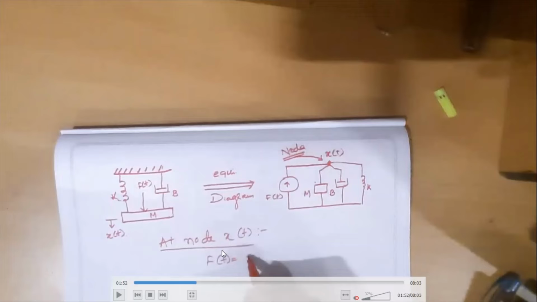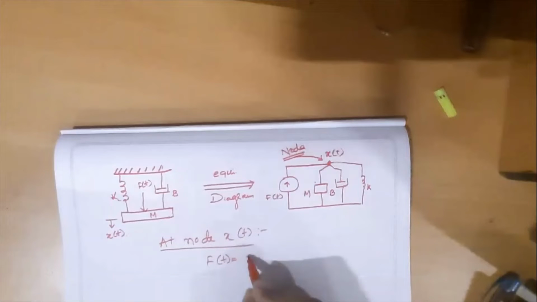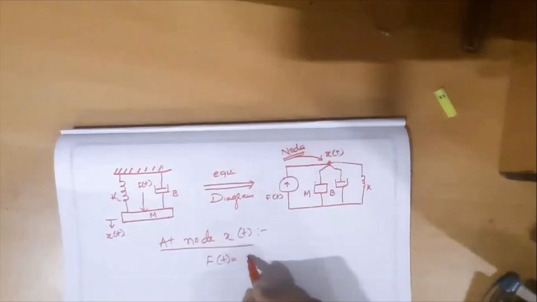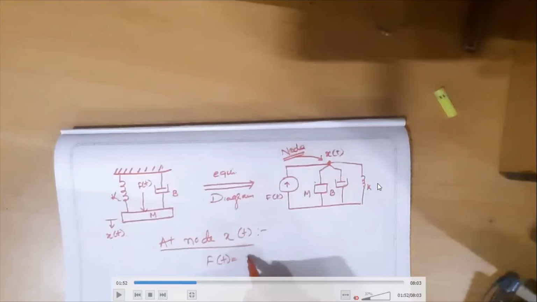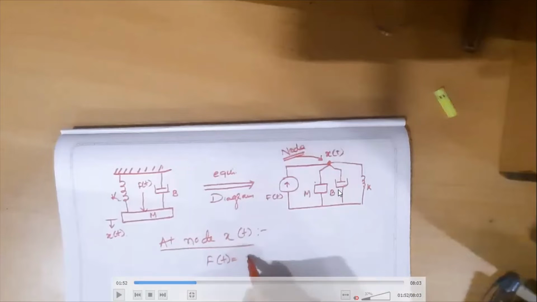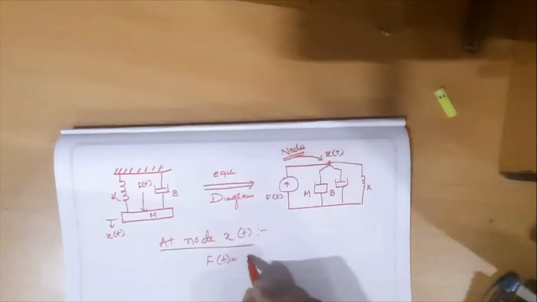Writing at node x of t means the dynamics of the system at node x of t. So f of t, which is the input, equals the force distributed on all three elements, that is f subscript m plus f subscript b plus f subscript k. So f_m of t, f_b of t, f_k of t, I have already told.